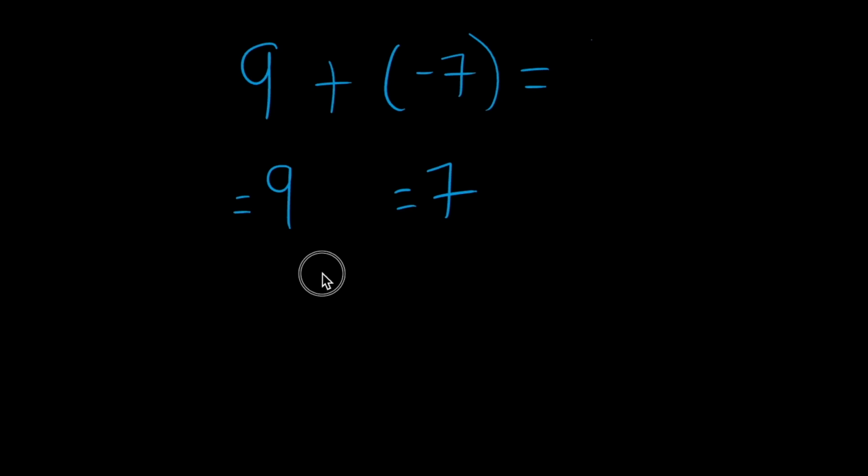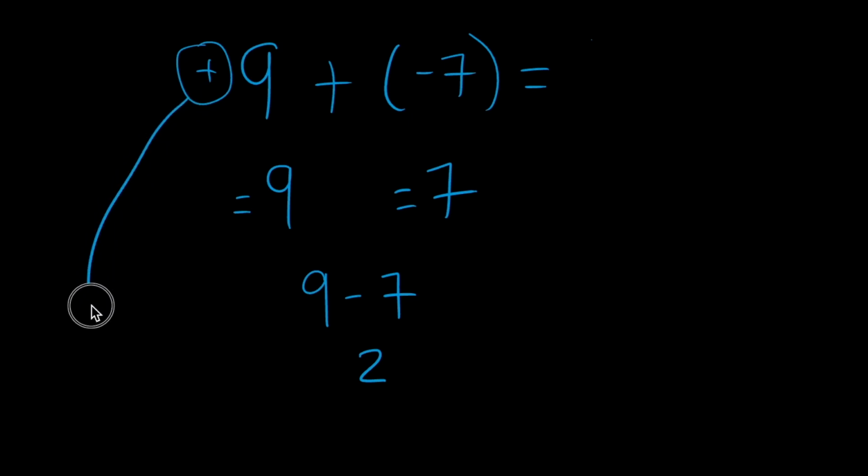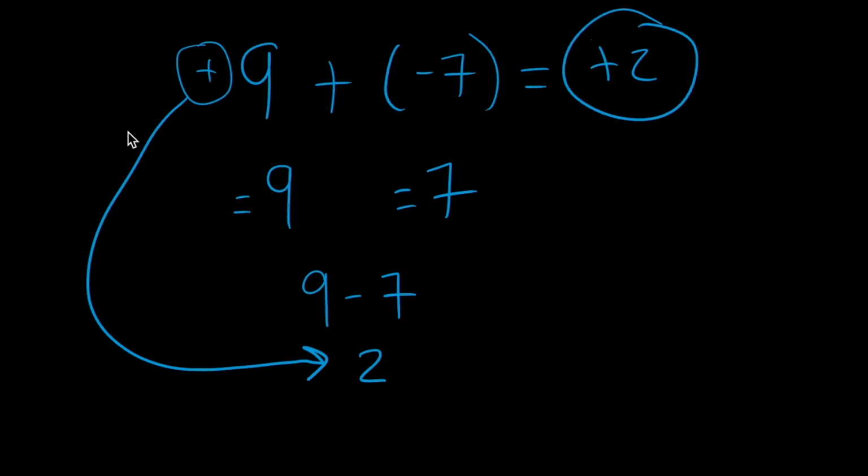And we subtract both, 9 minus 7, from bigger to smaller. 9 minus 7 is 2. And then we take the sign from the original number that gave us the larger absolute value and give it to the 2. And so the answer is positive 2. Easy.